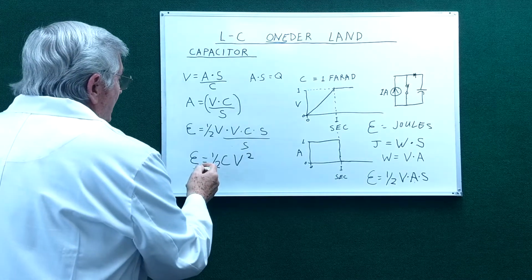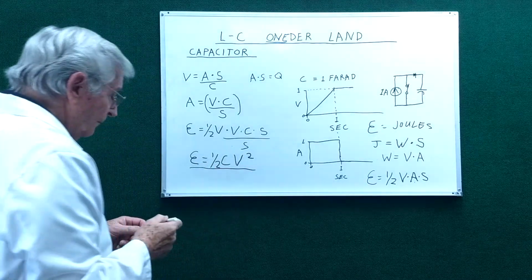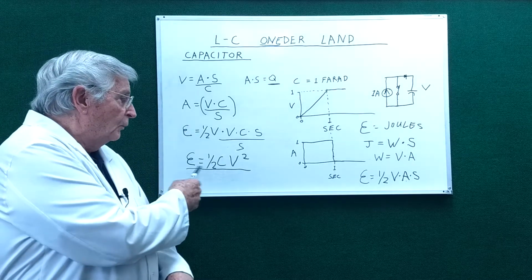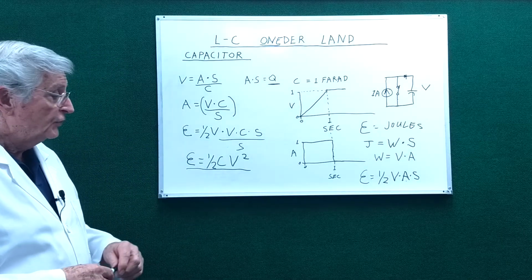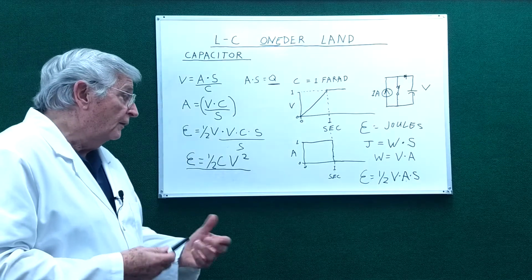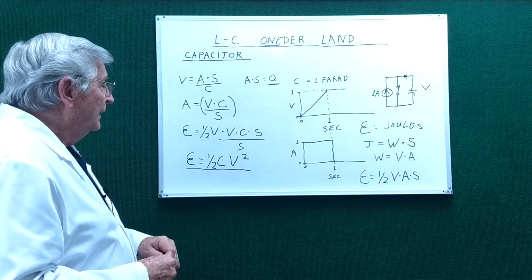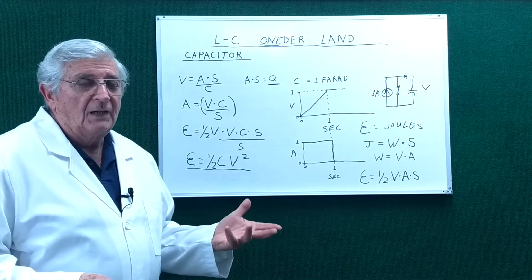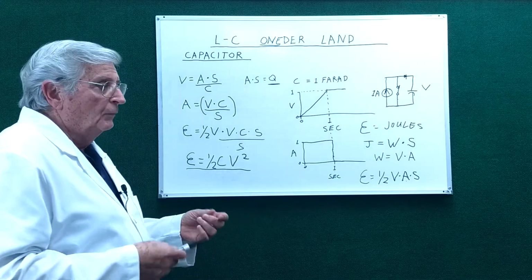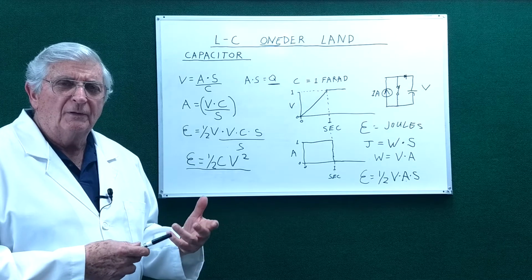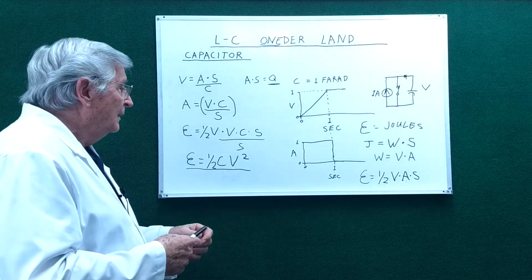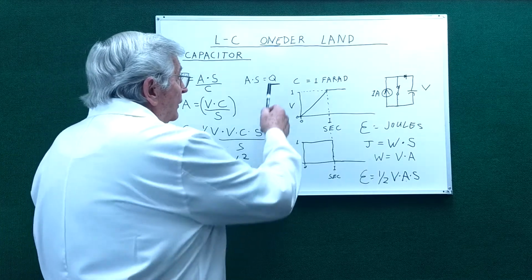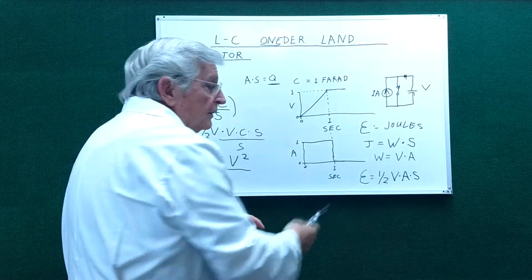And you may have seen that equation before. Okay, we just derived the equation for energy stored in a capacitor. And the question might come to mind, where is the energy stored? How is it stored? And the typical line is, well, it's in the charge that you put on the capacitor.